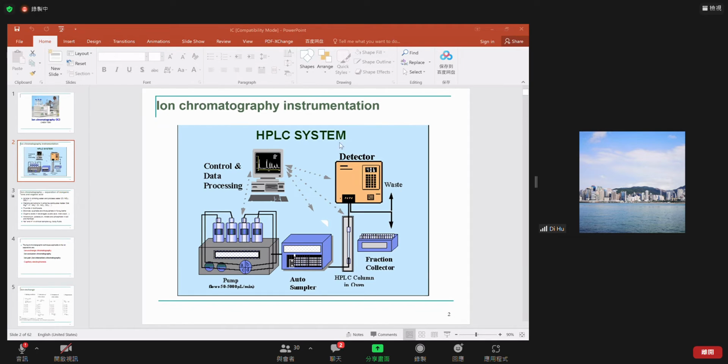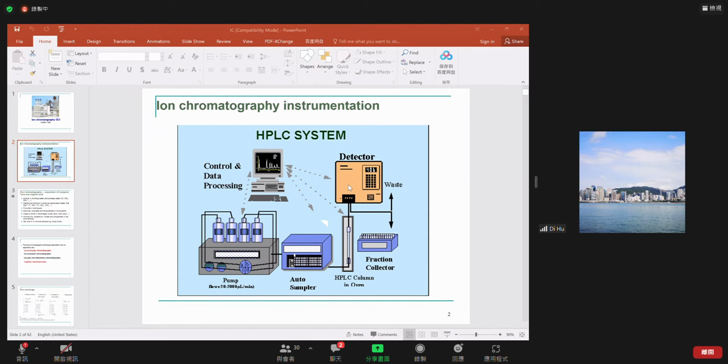And for the detector, mainly used will be the conductivity detector for ion chromatography, but later on we'll mention that. If we're using a conductivity detector, then you have to think about whether you need to lower the mobile phase background signal or not, okay? Because all the ions are conductive, right?